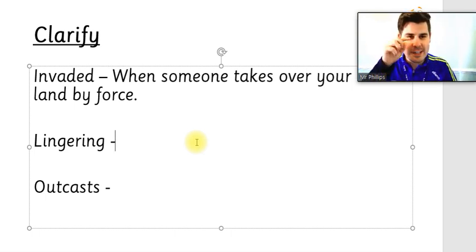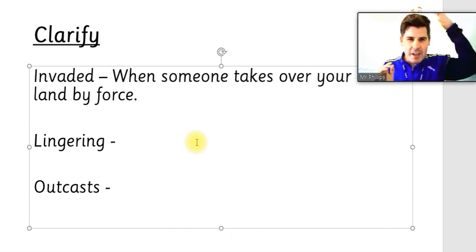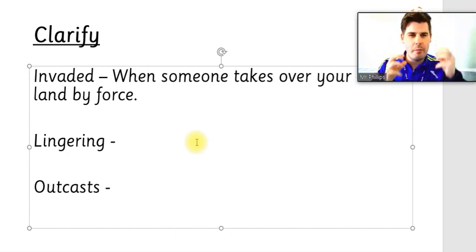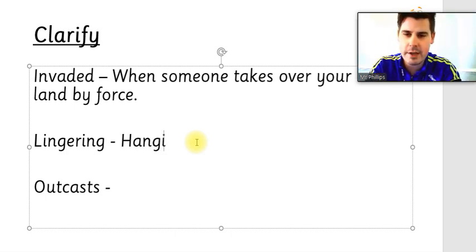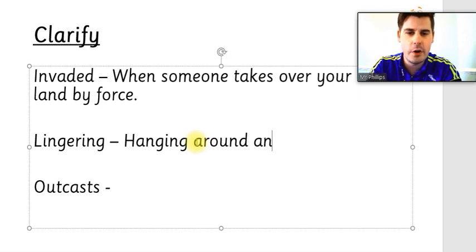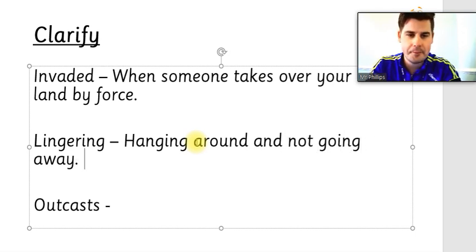I always tell the year sixes off for lingering around the door because they're just hanging around the door and they're not going out to break time. So lingering means hanging around, and if we're talking about lingering emotions, it normally means they're hanging above your head, which means they're on your mind all the time. So lingering is hanging around and not going away. Give yourself a tick if you've got something like that.